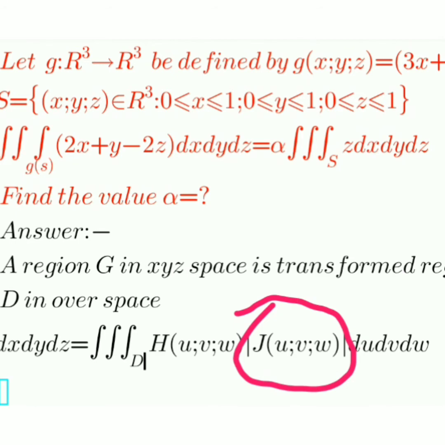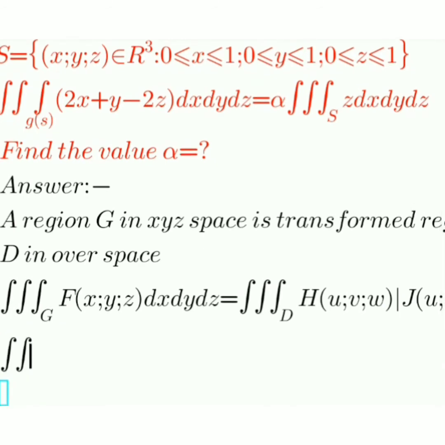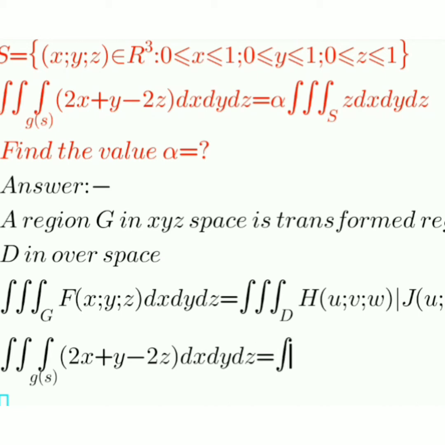So according to the problem, in case of the problem, we see that the triple integration over S of (2x + 3y, 2x + y - 2z) dx into dy into dz equals a triple integration.